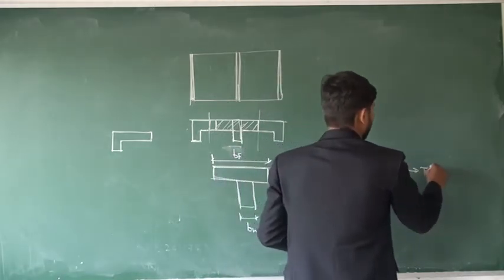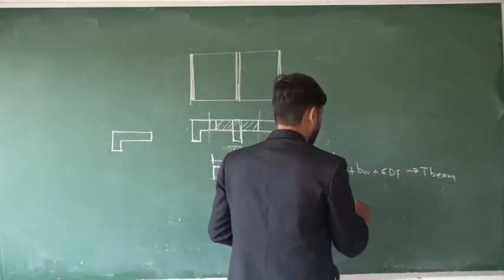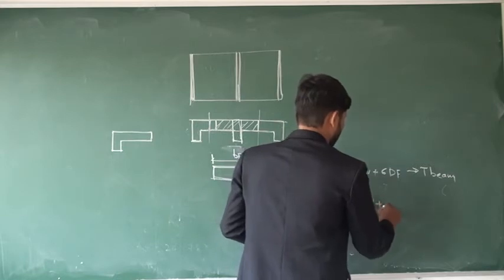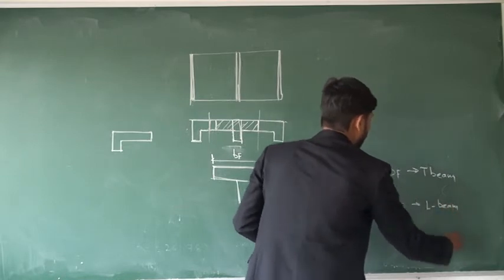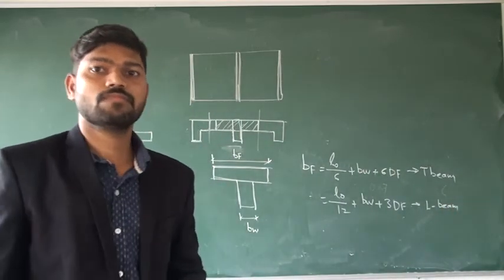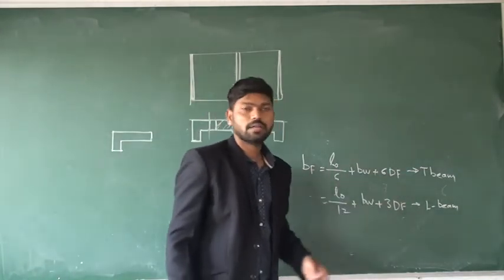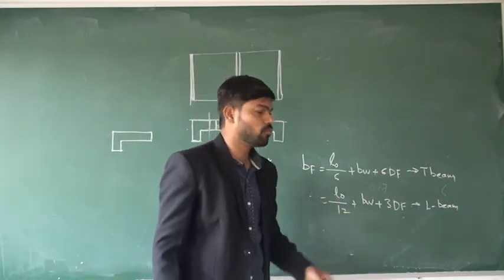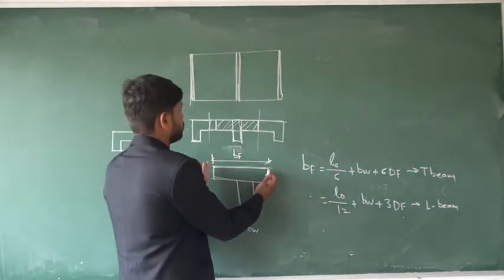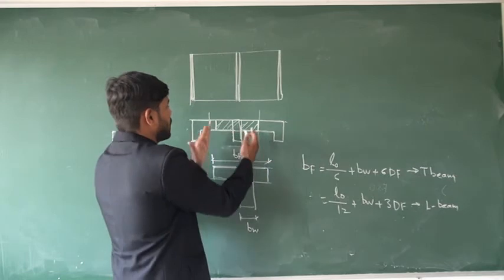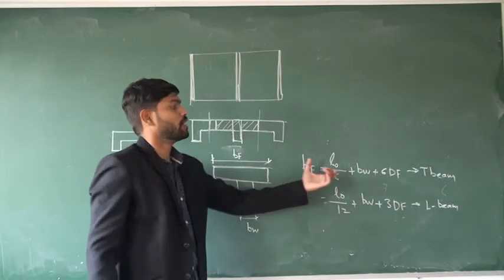for T-beam, and L0 divided by 12 plus BW plus 3DF for L-beam. So up to this width you have to consider that part as a part of the beam. You have to calculate this width of flange by using this formula.